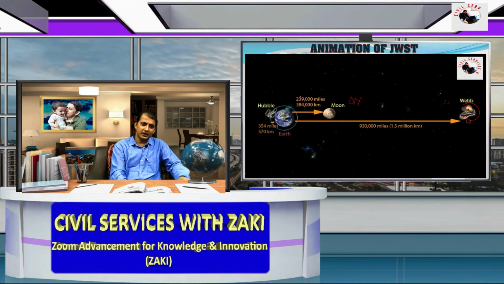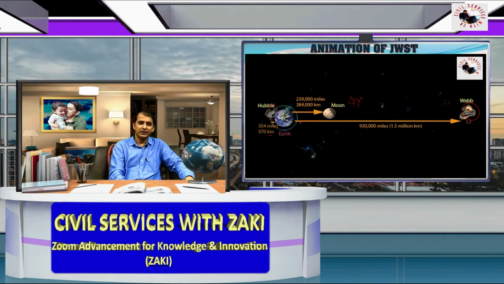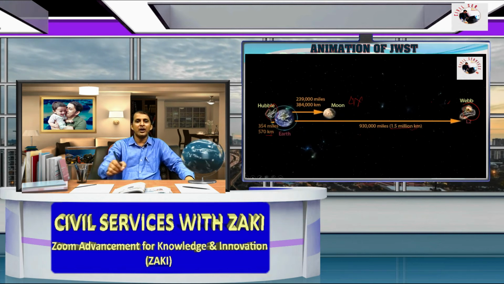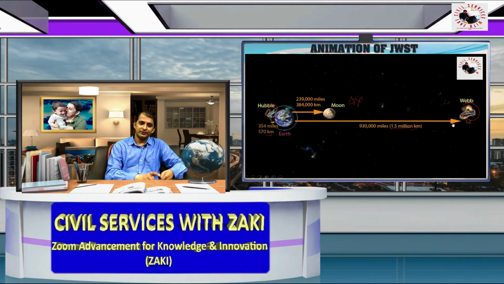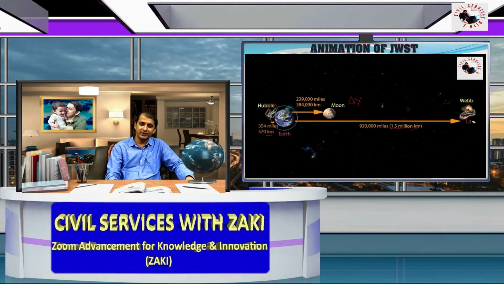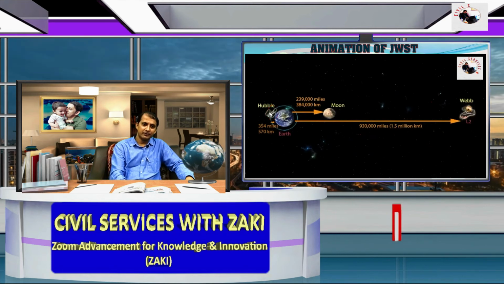And this is the Hubble telescope, and it is only 570 kilometers from the Earth, whereas Webb is 1.5 million kilometers from the Earth. That's why this is very significant, and it is free from the Earth's interference and all that.